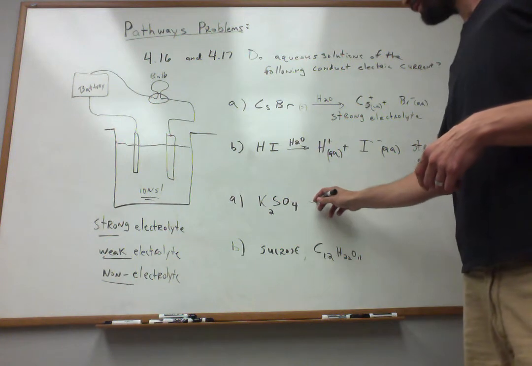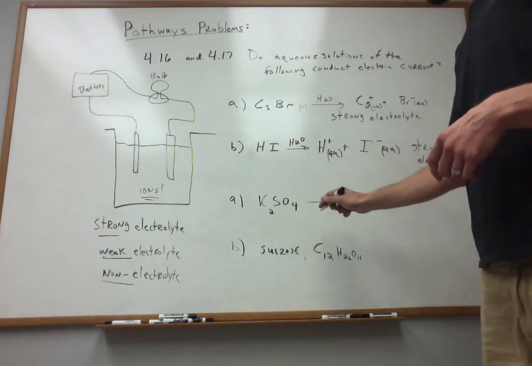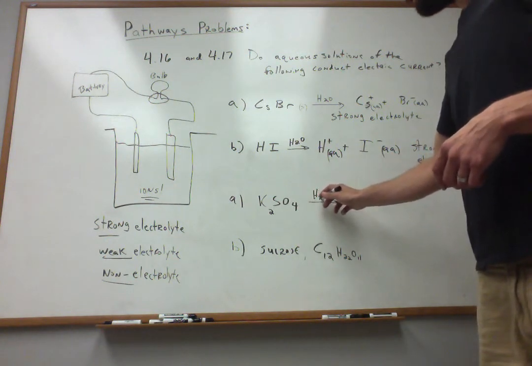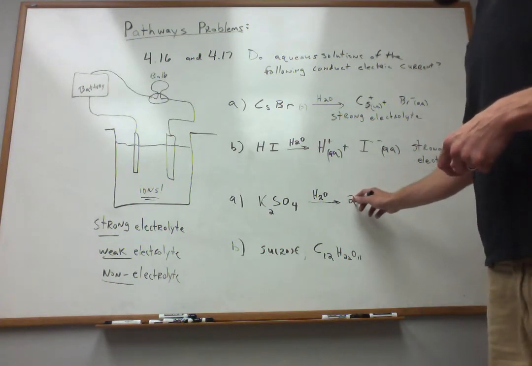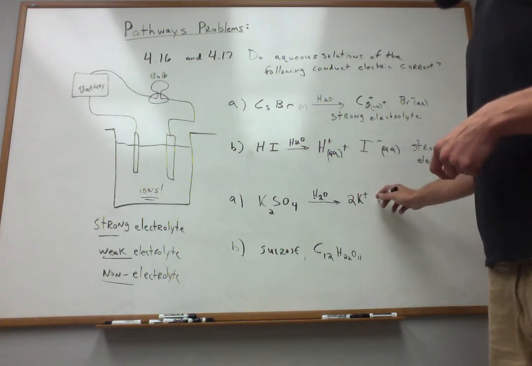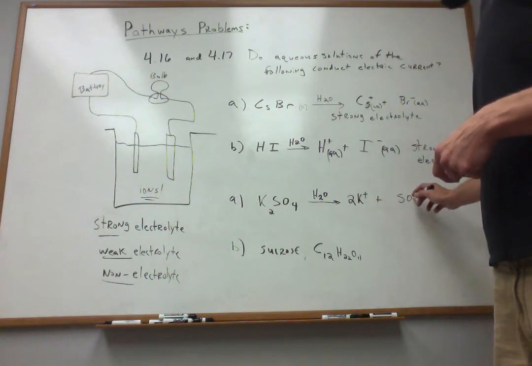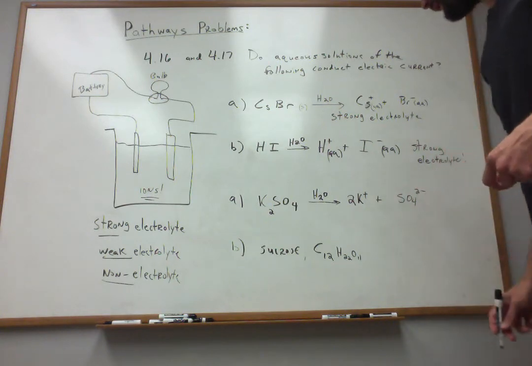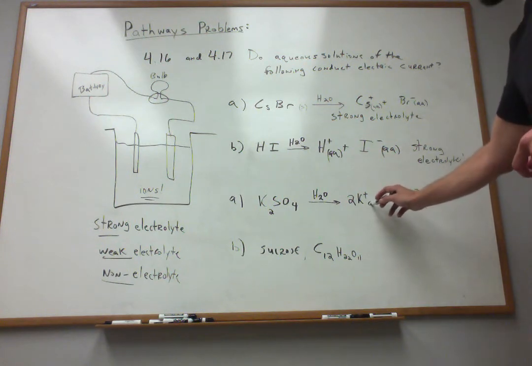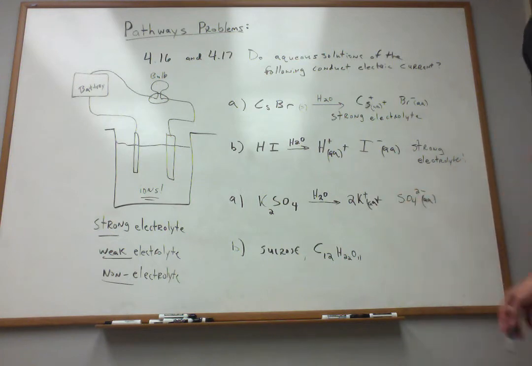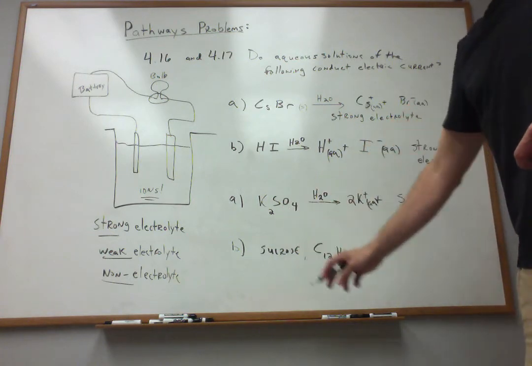This is the next problem now. We've got potassium sulfate. Potassium salts are generally very soluble. So if this one goes into solution, I make the sulfate polyatomic ion, aqueous, and the potassium ion, aqueous, 2 copies of that by virtue of this 2.